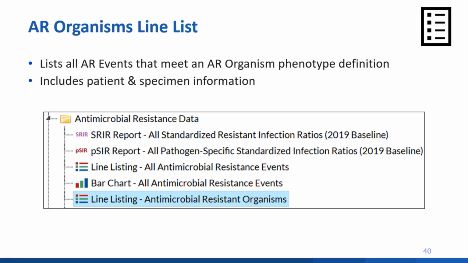Just to reiterate, this line list is different from the all antimicrobial resistance events line list, which we reviewed first in this presentation. That report includes all AR events submitted to NHSN, while this AR organisms line list only includes those specific AR events that met a phenotype definition.